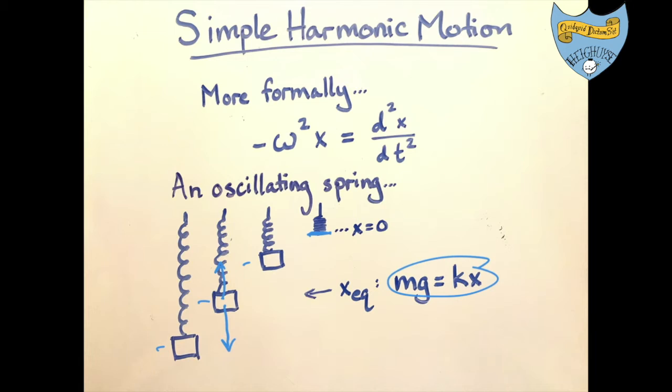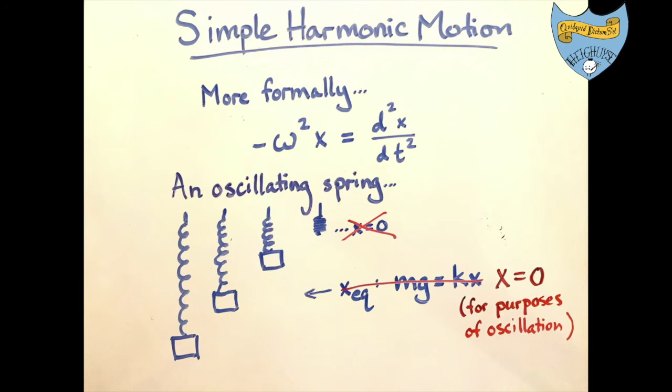Well, when we're talking about harmonic motion or oscillation, we will instead define x equals 0 as the equilibrium position. This might be a little bit counterintuitive, but what it actually allows you to do is not have to fuss around with exactly where x is if you, say, change the amount of mass that you've got on your spring.